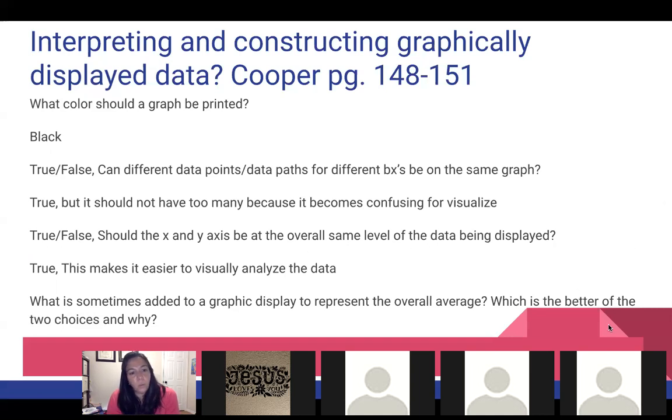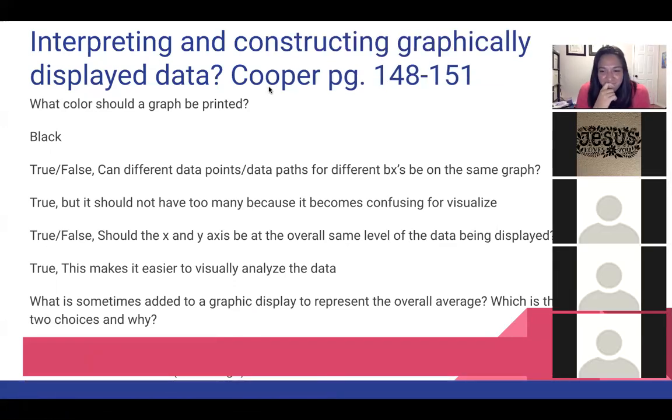All right, so what is sometimes added to a graphic display to represent the overall average? And which of the two is the better of the two choices and why? I actually learned this from Lara's meeting this week, so if anybody was in Lara's meeting, do not give the answer. What do we use?